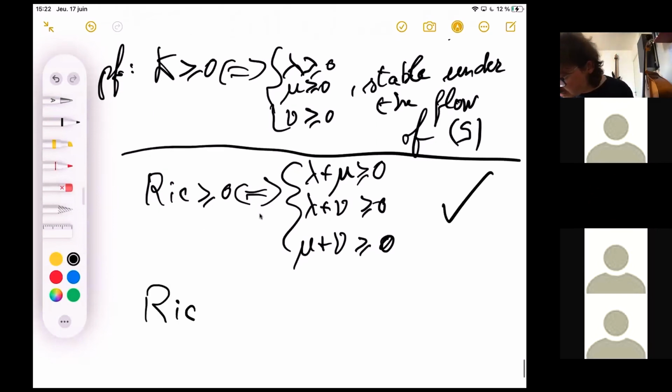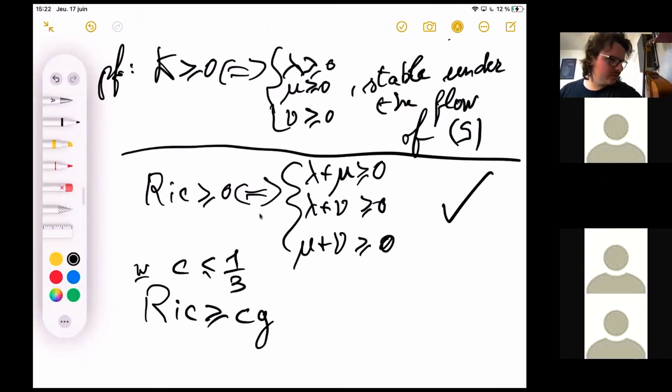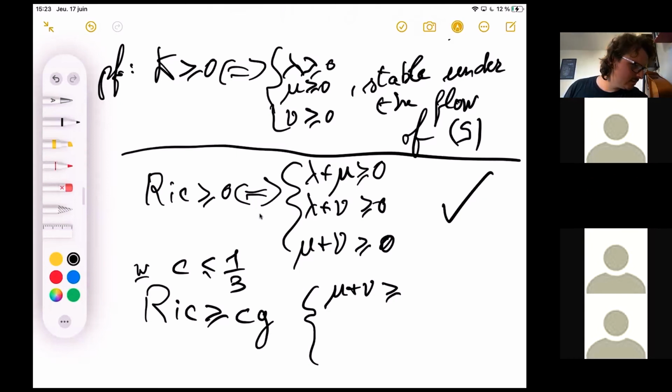The same thing goes for, and this is more interesting maybe, this, with C less than 1/3. And basically you show that it's more or less equivalent to mu plus nu bigger than some C prime times lambda.